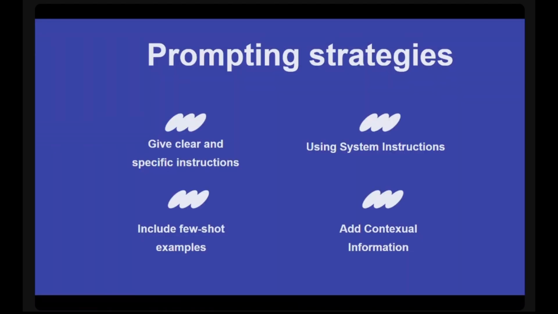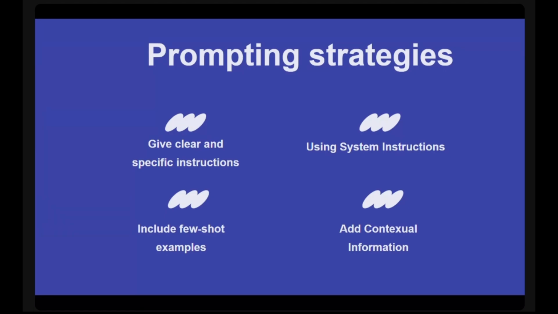Okay, so we have some strategies for good prompts, and we will see each strategy in detail as well. The first one is to give clear and specific instructions. The same thing we have been talking about since the start of this session. Give at least enough information that it can produce the expected results.